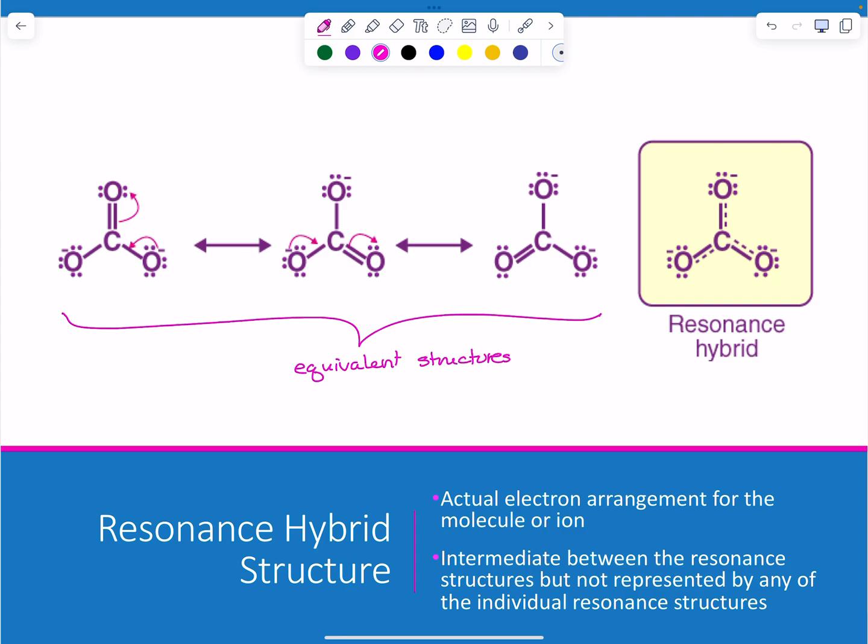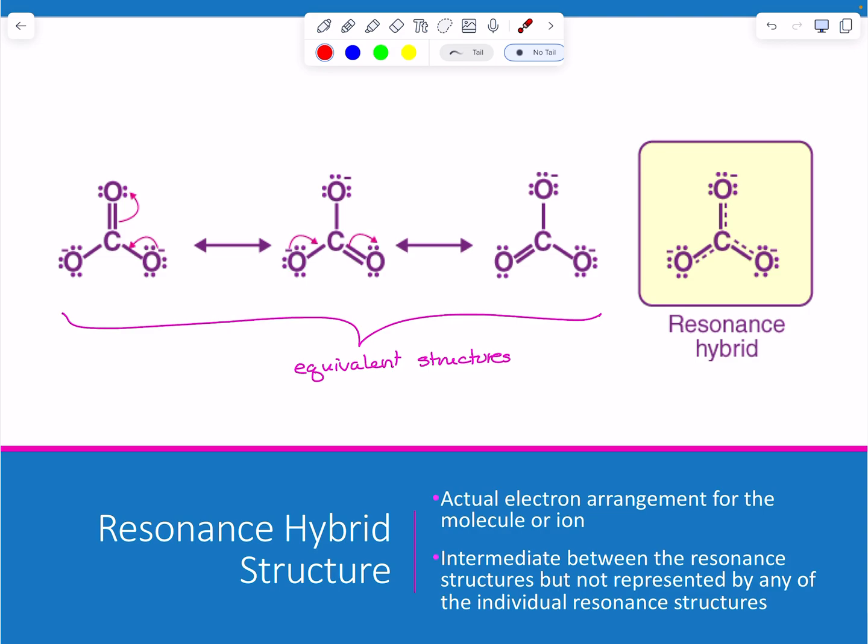In actual fact, the electrons are sometimes here, sometimes here, and sometimes here. So to reflect that, we draw a hybrid structure, where instead of giving one of the oxygens the double bond, we give everybody kind of a half bond, and we draw a dotted line to represent the hybrid.